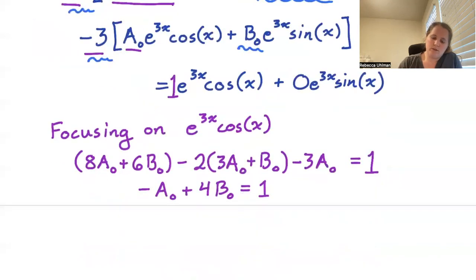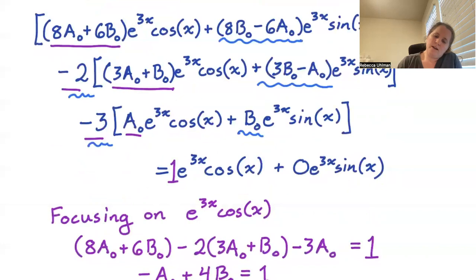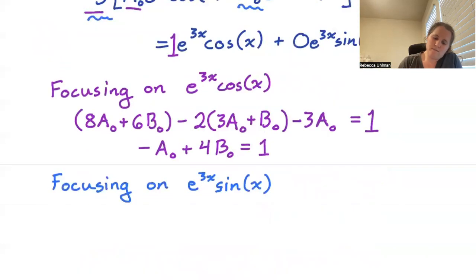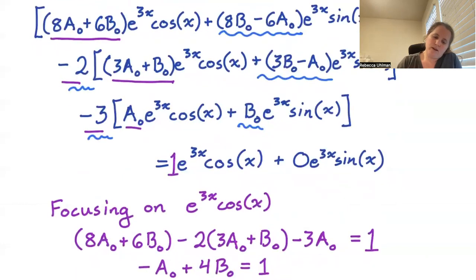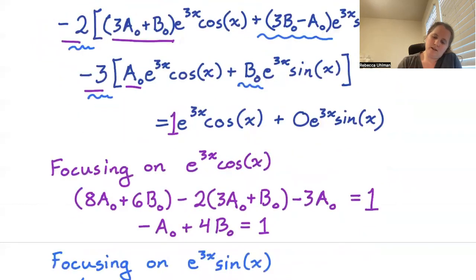So for our coefficients now, focusing on e to the 3x sine of x, we had 8b0 minus 6a0. Then we have minus 2 times 3b0 minus a0.